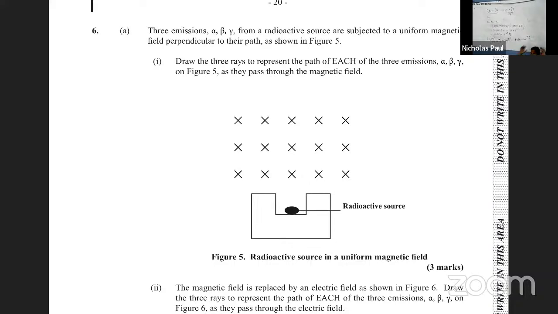Start there. Where is the alpha, beta, and gamma going? Remember I showed you the left hand rule to work it out? So work out where the alpha is going, where the beta is going, where the gamma is going.